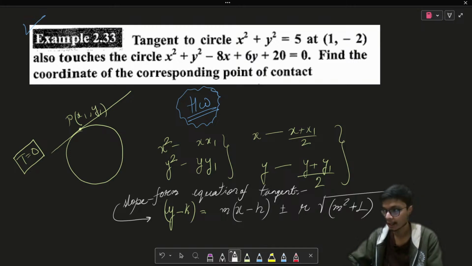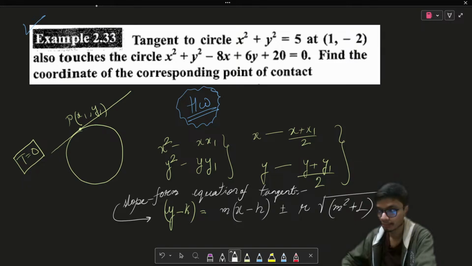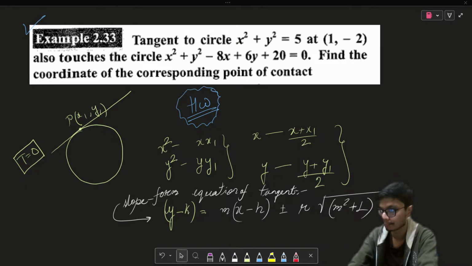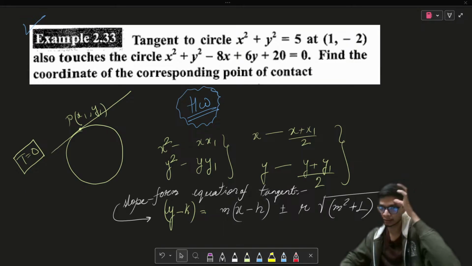With that, I asked you to solve one homework problem, and I am pretty sure that you must have solved it. I am just letting you know the answer. If you want to find the tangent to the circle at this particular point, you just need to do a transformation.